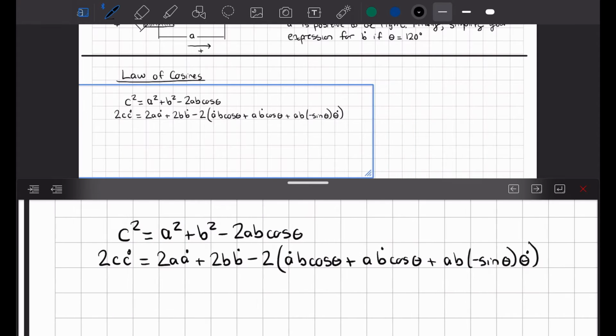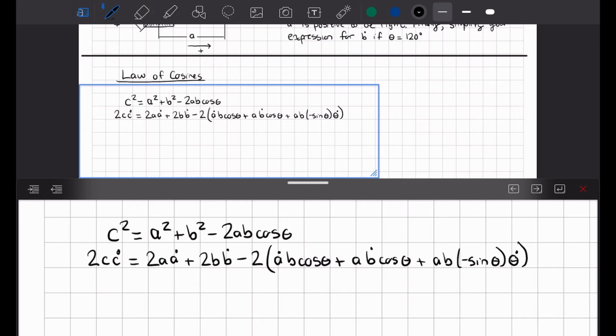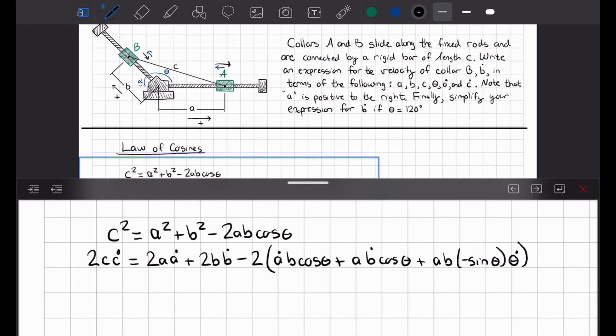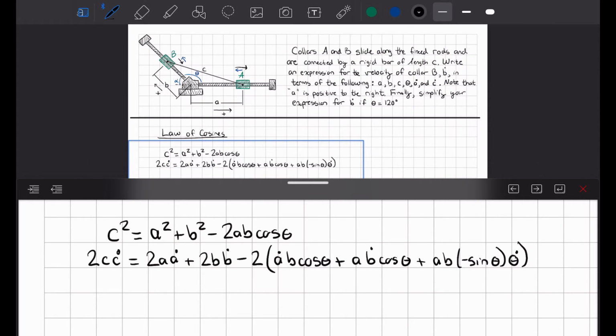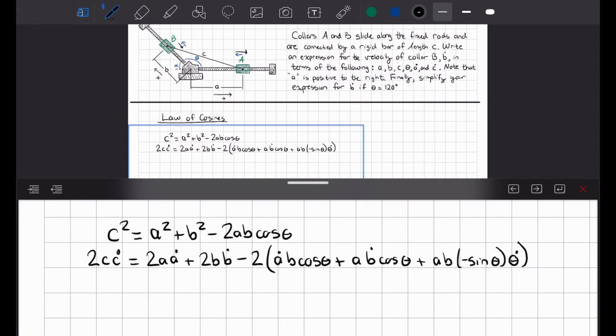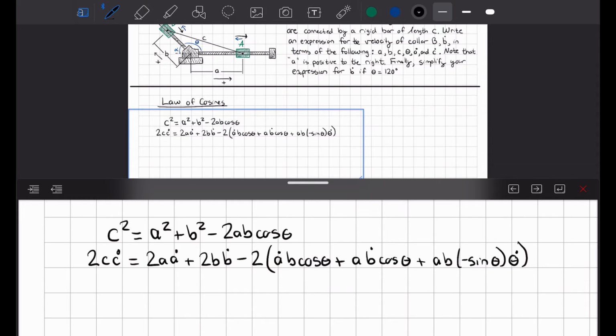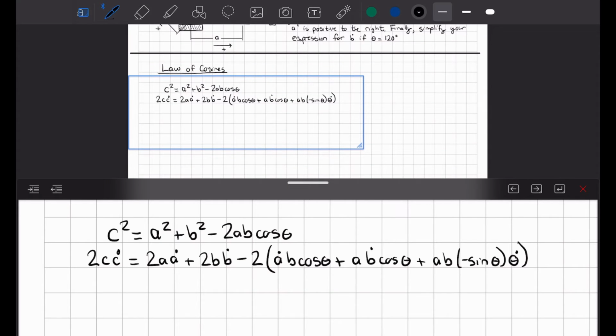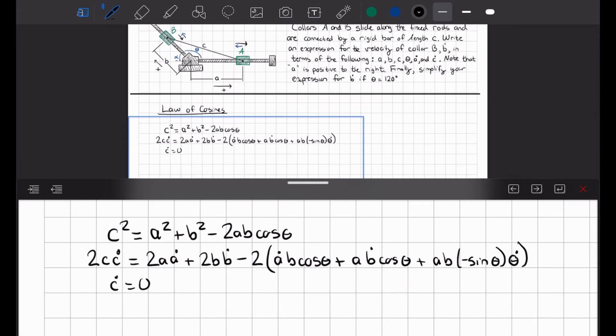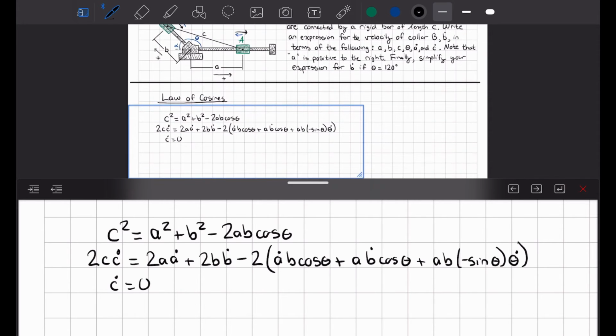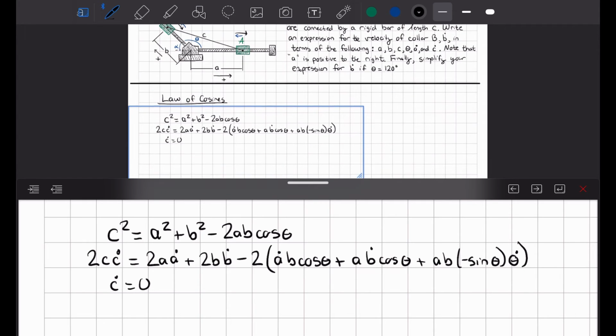Okay? So looking at this expression, we're going to want to simplify it somehow. So let's look at the left-hand side. We know that c dot is 0, right? That rigid bar c is not going to change its size at all because it's rigid. So we can write c dot is equal to 0. Everything else looks fine except for theta dot.